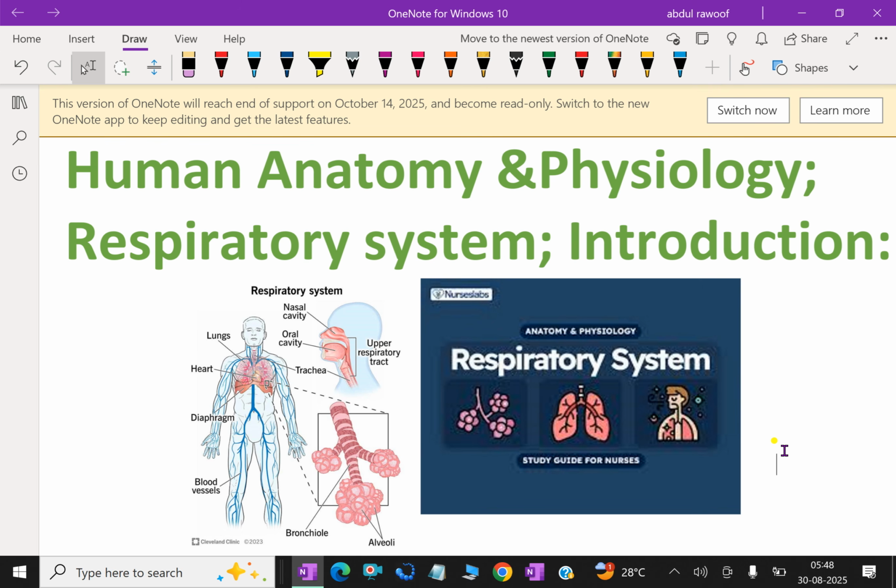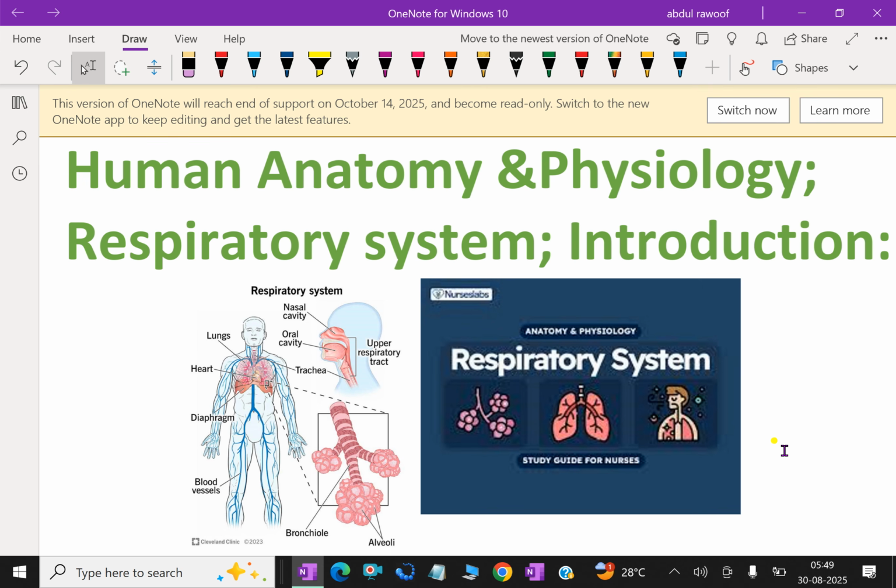As the air breathed in moves through the air passages to reach the lungs, it is warmed or cooled to body temperature, saturated with water vapor, and cleaned as particles of dust stick to the mucus which coats the lining membrane. Blood provides the transport system for O2 and CO2 between the lungs and the cells of the body.